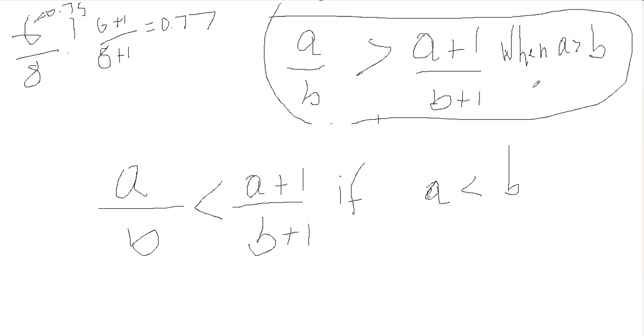Maybe I can try to do it, but you need to be careful in mathematics. We can try to prove that, but we need to prove it first. Here we just proved in what condition A over B is always greater than A plus 1 over B plus 1. I hope you understand.